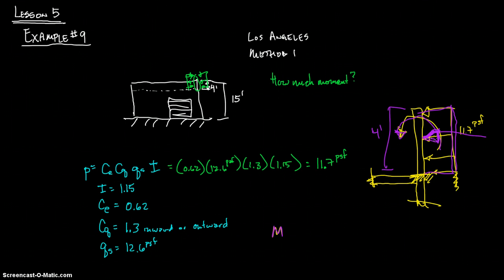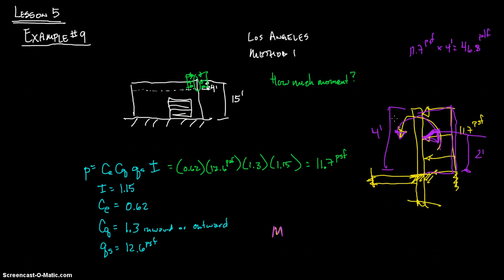So this is actually acting at 2 foot. 11.7 PSF times 4 equals, I don't like my head math, 46.8. Let's check it on the calculator. 11.7 times 4 is 46.8, and that's pounds per linear foot.